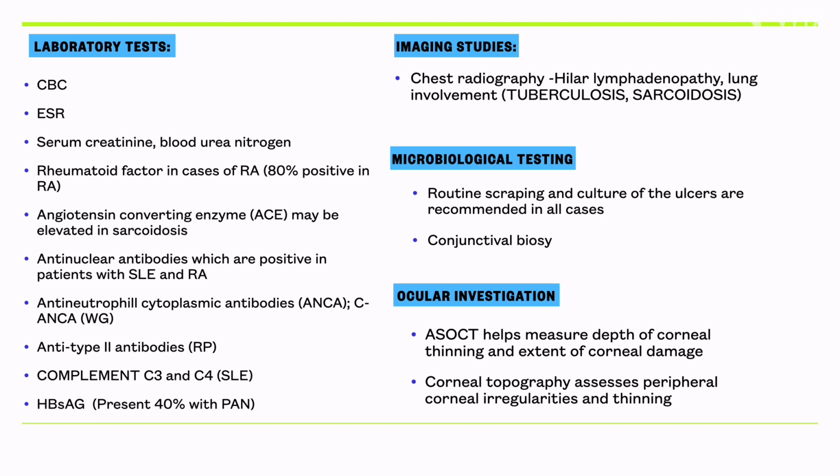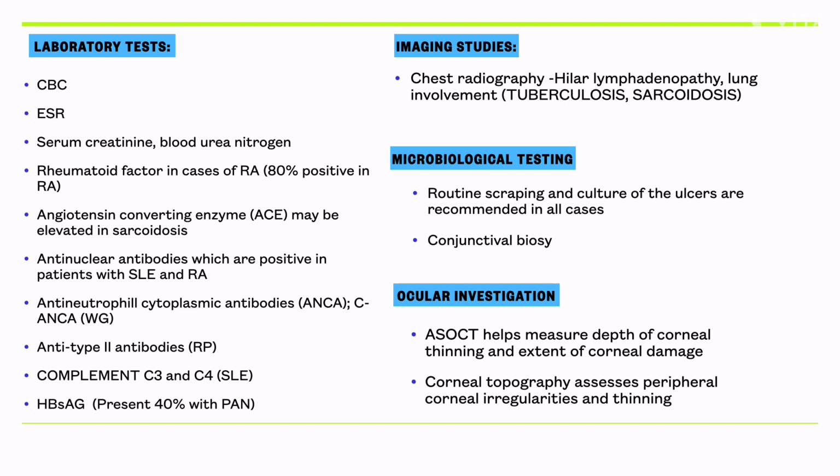Now, since PUK is often a manifestation of autoimmune diseases, we must look for rheumatoid factor and ANA, which is highly positive in rheumatoid arthritis and SLE. Now, C-ANCA to screen for Wegener's granulomatosis, ACE to check for sarcoidosis, HBs antigen to rule out polyarteritis nodosa, where it is present in around 40% of the cases.